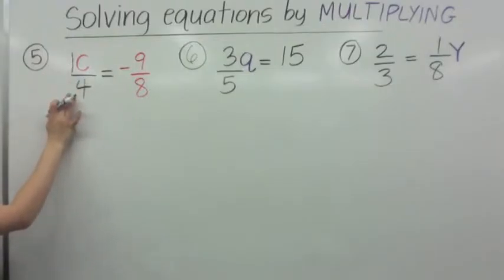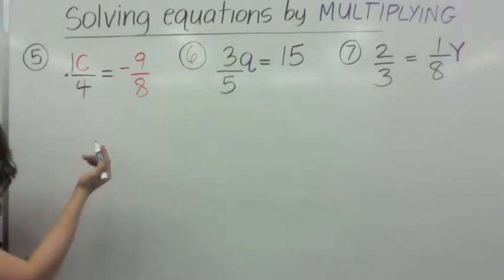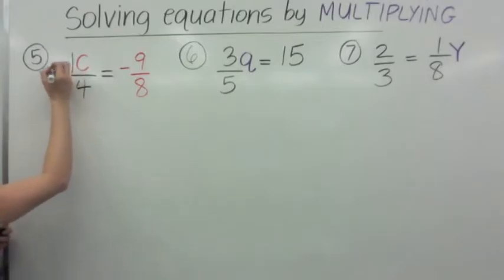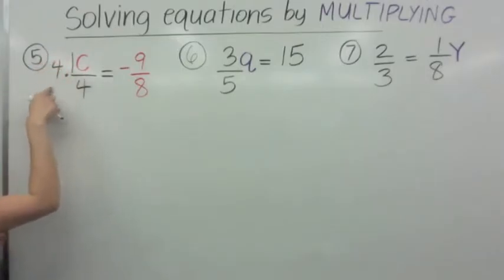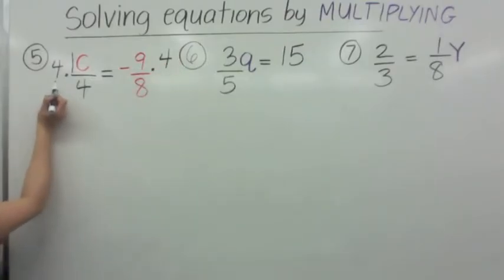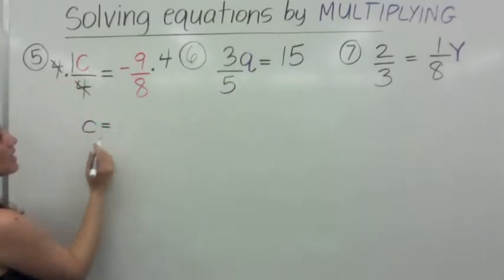All right? So what you do is you have to multiply both sides by the reciprocal. So if I ask you what's the reciprocal of 1/4, what would you say? Just flip it, right? It's 4 over 1. So if you multiply this side by 4, you also have to multiply this side by 4. And what happens is that the 4s cross cancel, you're left with c equals.